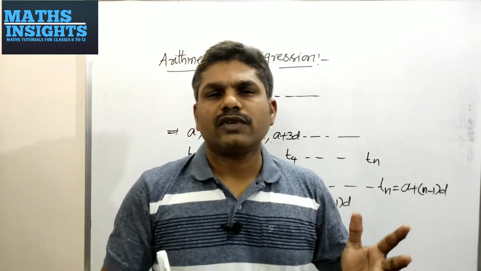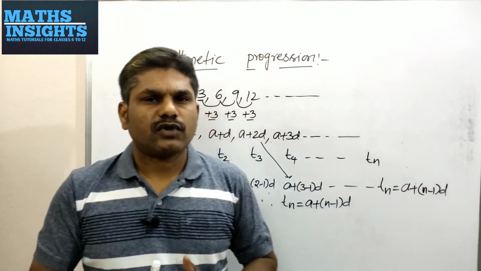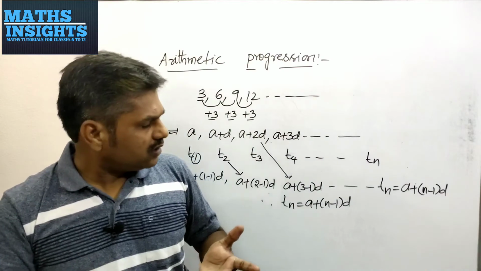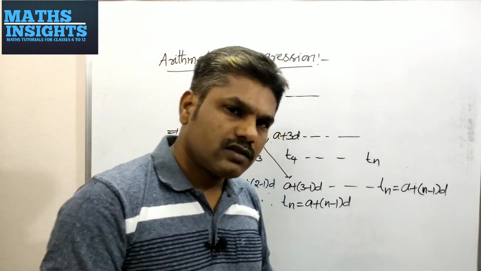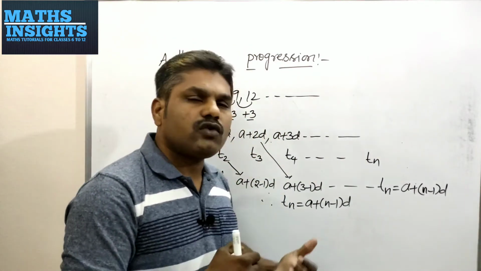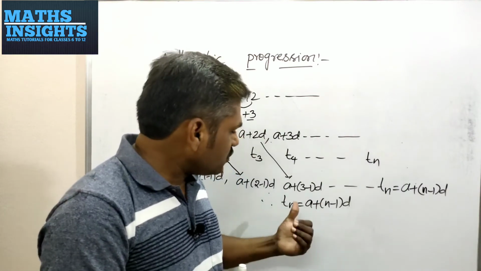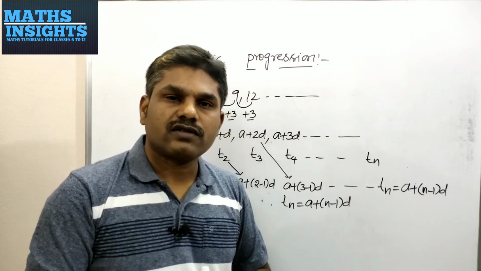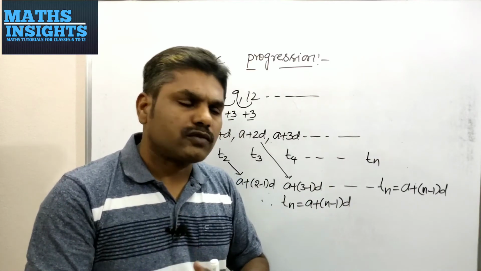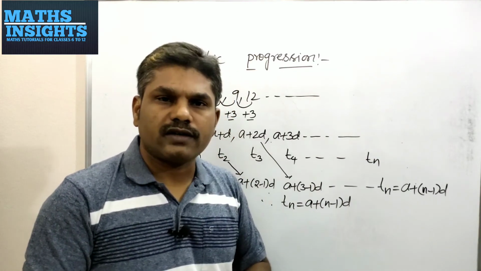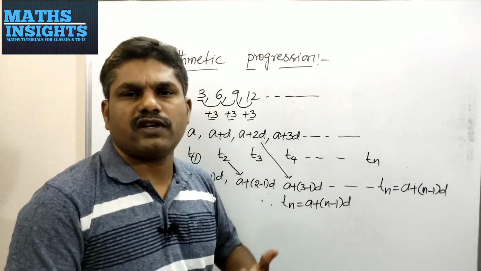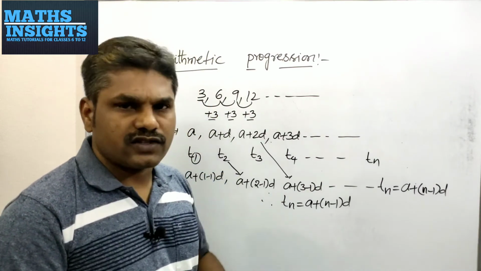Then that will become somewhat difficult, but not impossible. At that time, you will know the nth term of the progression by substituting a and d values, and if you want the 100th term, replace n is equal to 100. This will become very clear by taking an example.